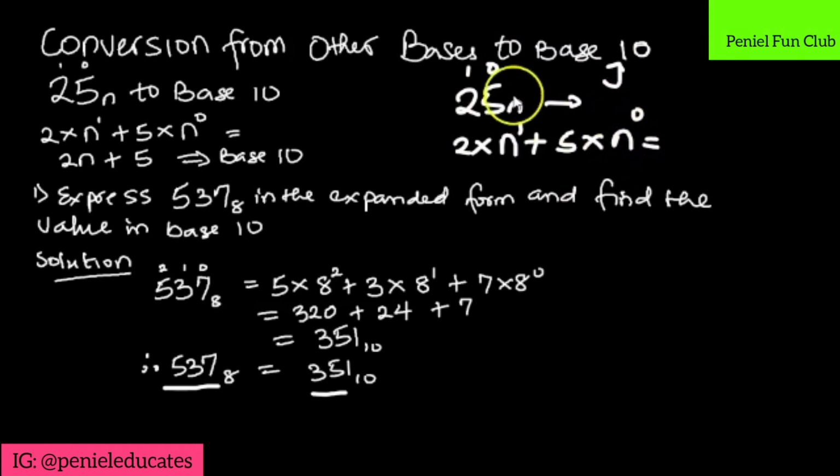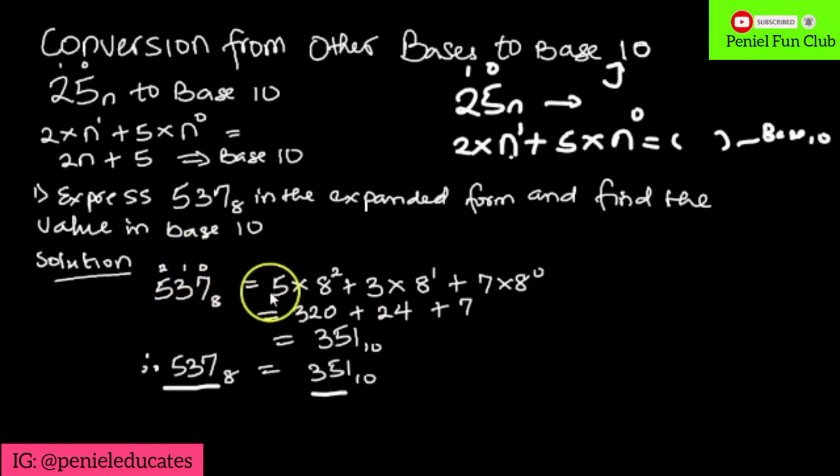So when we do our addition, then we get a number which is then in base 10. So let's take, for example, we're given 537 base 8 and we're to convert to base 10. We start our numbering 0, 1, 2.